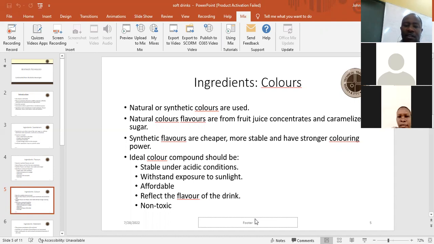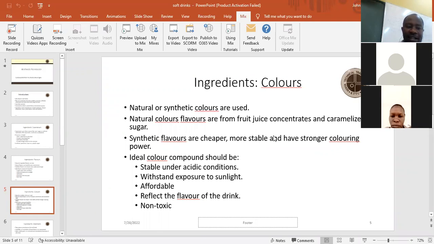If you look at the market, you find that the colas are usually dark in color. Then you have the pineapple Fanta, which has a yellowish color. Then you have orange, maybe. So depending on the flavor, the colors will match the flavors.